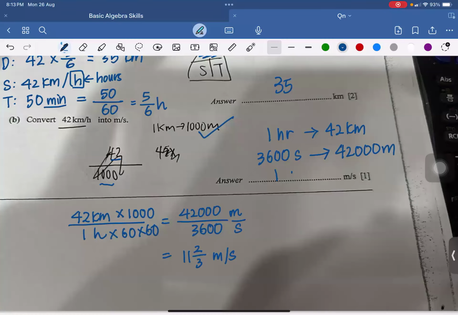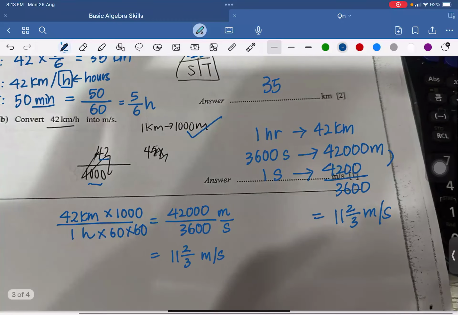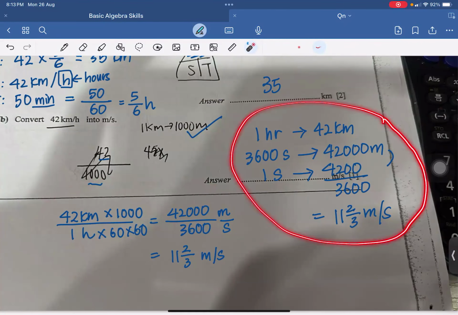Find 1 second, so you divide by 3,600, 42,000 divided by 3,600 to give you your answer, meters per second. So those of you who don't understand the earlier method, you can do this one. Is this okay?